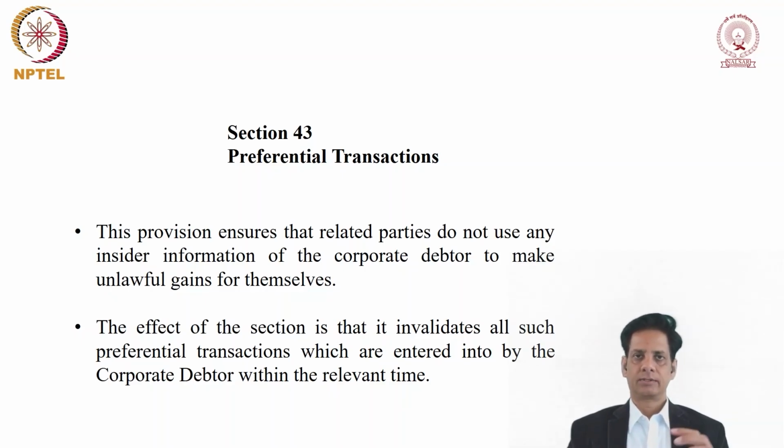So, these transactions have been entered into with a certain intent based on certain information which is already available to the CD, and those transactions are unhealthy for other claimants and hence they will be cancelled now if it is proved in the court of the adjudicatory authority.